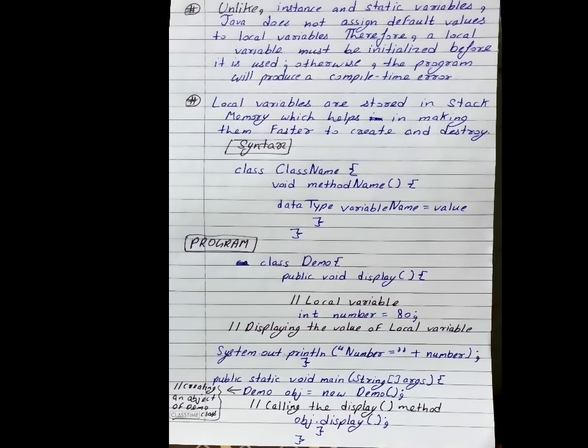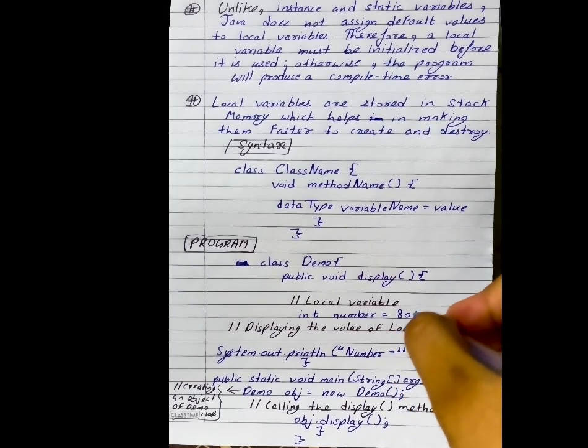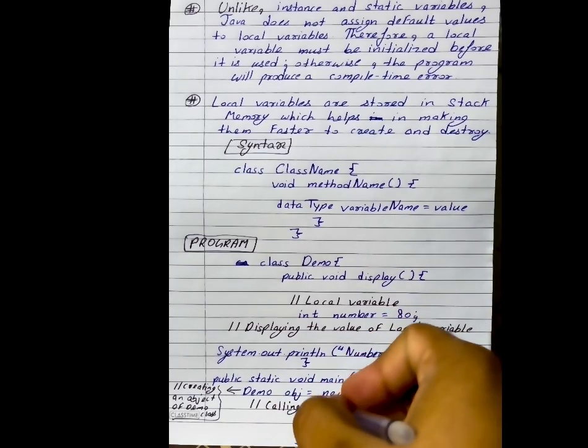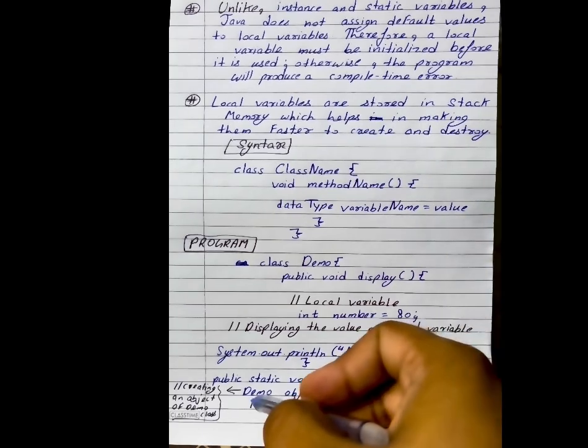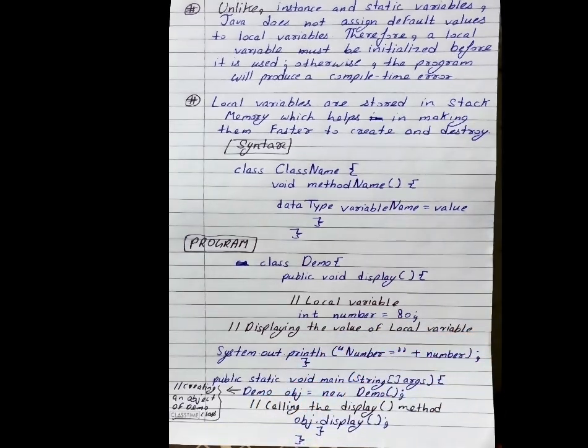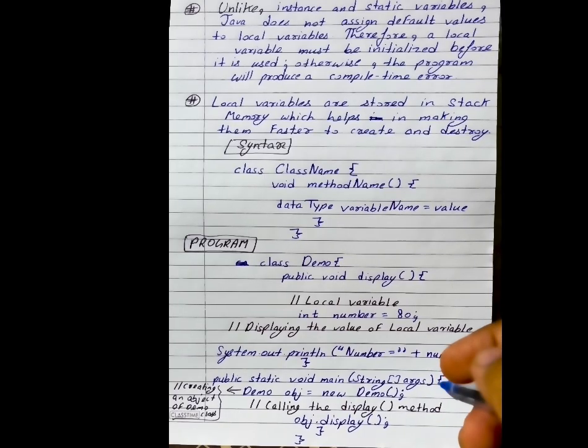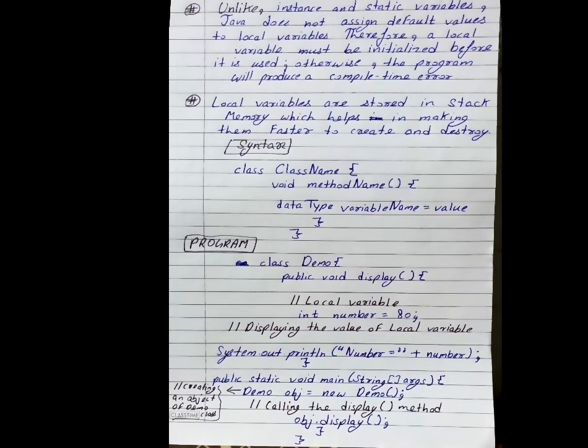Apart from that, before using the variable, it is initialized with the value 80, and when the display method is called, the value of the local variable is printed with this code. After the method finishes its execution, the local variable is destroyed automatically and its memory is released, as I said earlier also.